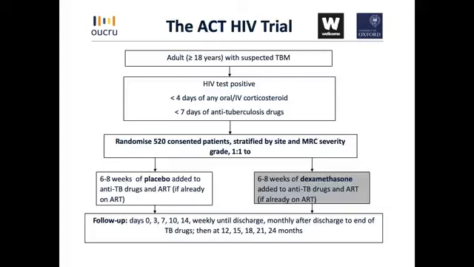So the first of our two ongoing trials in adults with TB meningitis is the ACT-HIV trial. So this is where we recruit adults with HIV and TB meningitis, and we randomise them to dexamethasone or to a placebo. So it's a randomised, double-blind, placebo-controlled trial. Our intended sample size is 520 adults, and we've enrolled about 380.